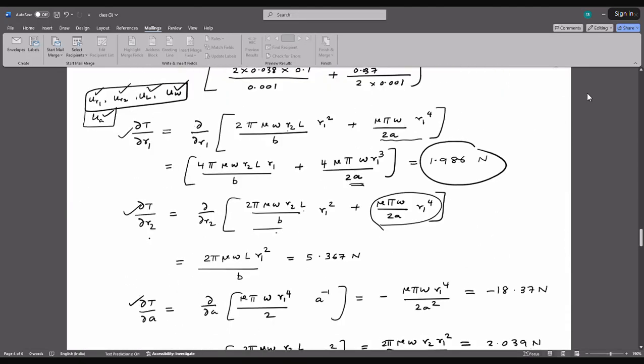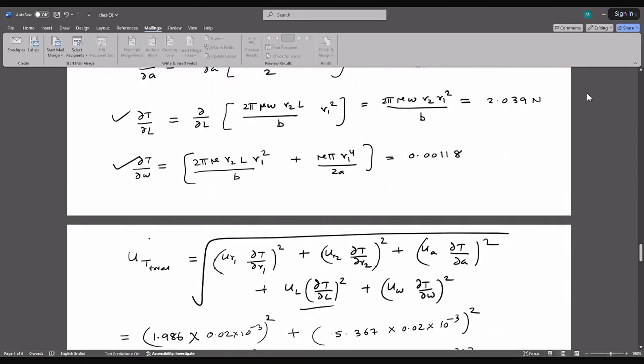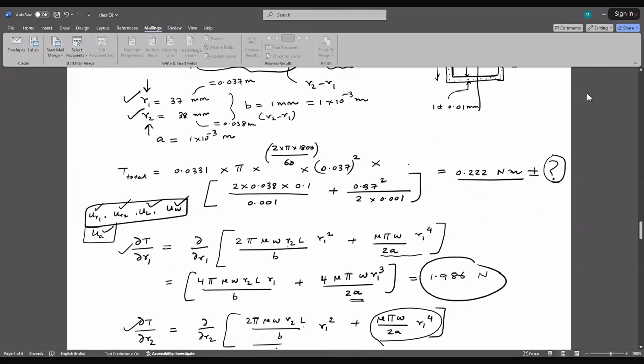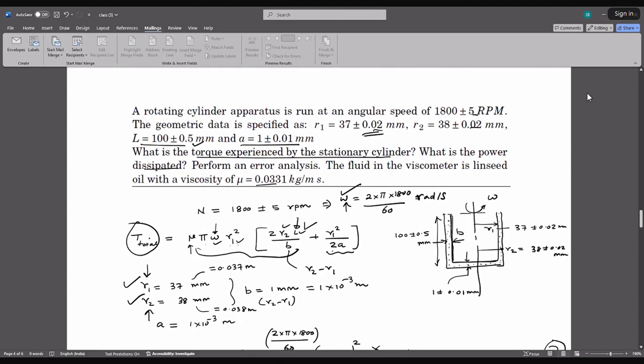Then we have ∂T over ∂omega, which is 0.00118, into the uncertainty in RPM, which is 5. So that means U of omega will be 2π into 5 divided by 60.